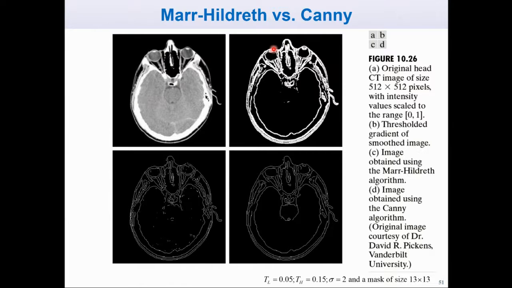This here used the Marr-Hildreth edge detection with the approximation of difference of Gaussian, and that's using the Canny edge detector. The big thing that you notice is the following. These are thick edges, so that's just the gradient image. A lot of discontinuity over here, so that's Marr-Hildreth.